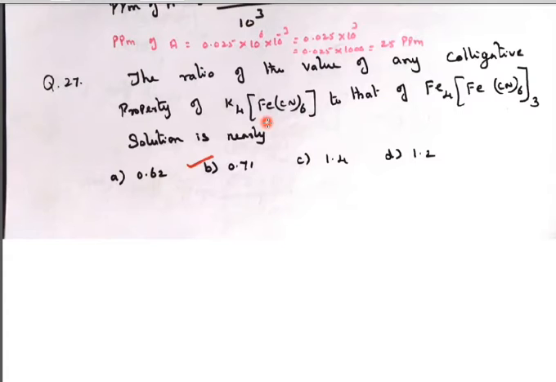So iron is ferrate, the coordination number is 6, and outside 4 the difference is 2, which is the oxidation number of the central metal ion. So potassium hexacyanidoferrate(II), and that of iron(III) hexacyanidoferrate(II). This is the formula for Fe4[Fe(CN)6]3.